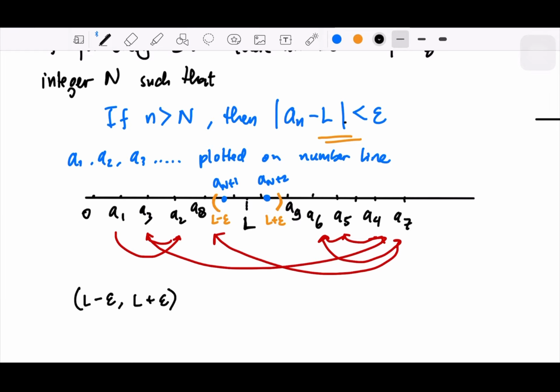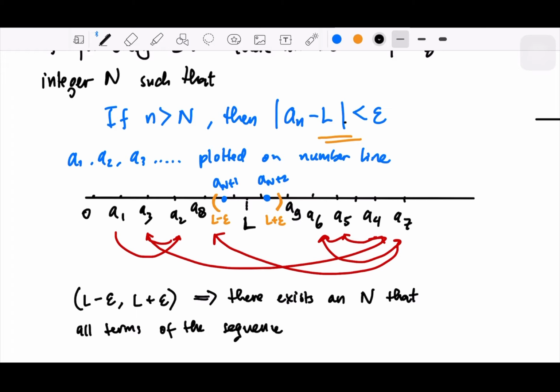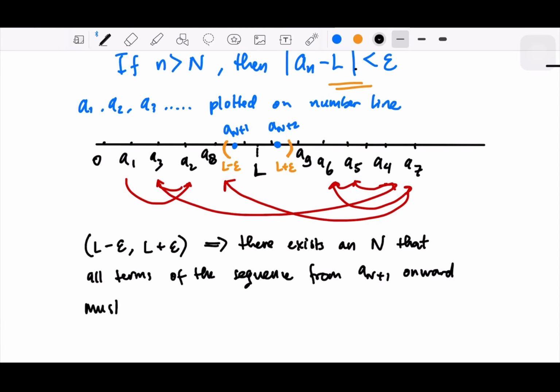So in between this interval, there exists some integer N such that all terms of the sequence from a(n+1) onward must lie in the interval.